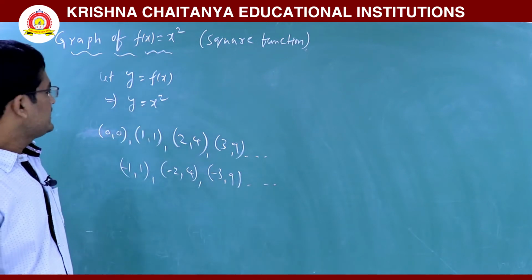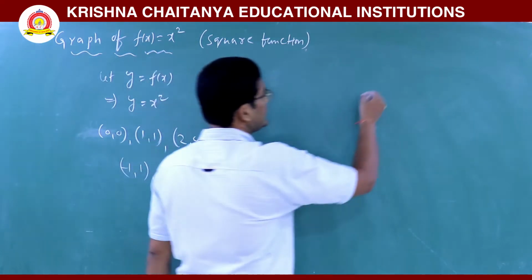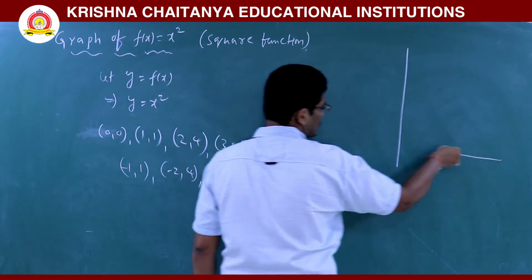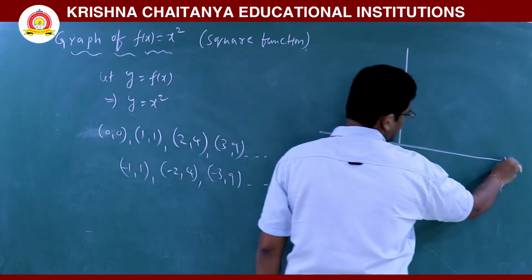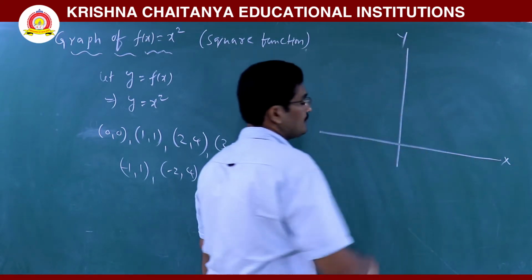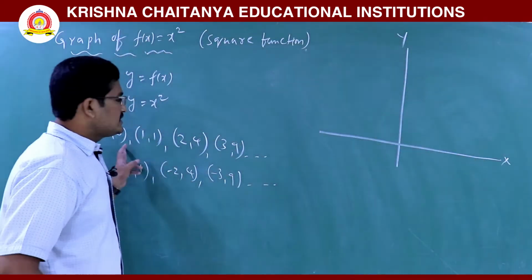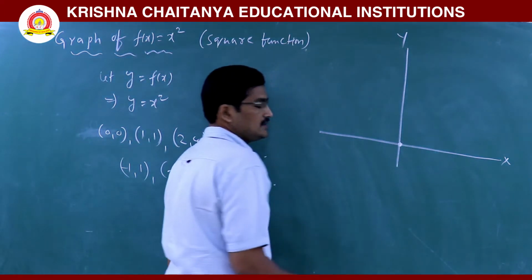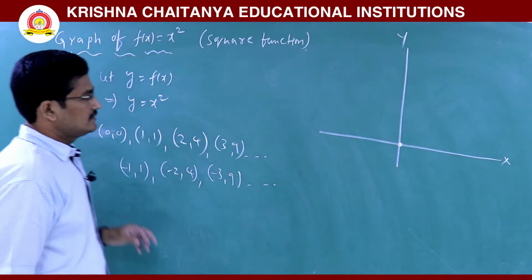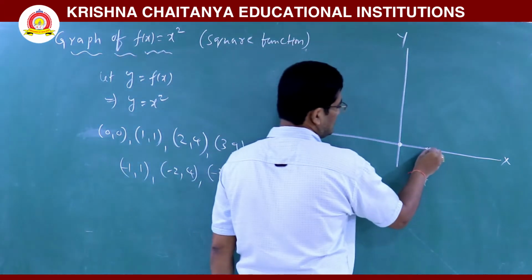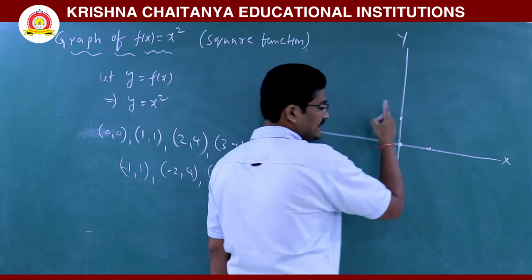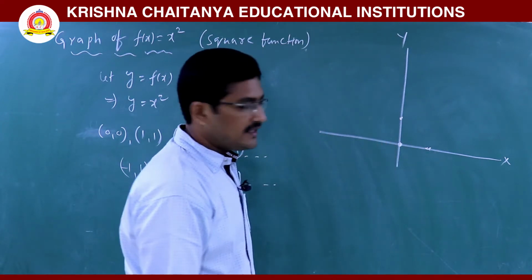Suppose you have to identify all those points in the graph. You have to take the x and y axis coordinate system. This is the x-axis, this is the y-axis. So (0, 0) lies along this curve, then (1, 1). The point (1, 1) covers 1 unit distance along the x-axis, and the same point covers 1 unit distance along the y-axis.